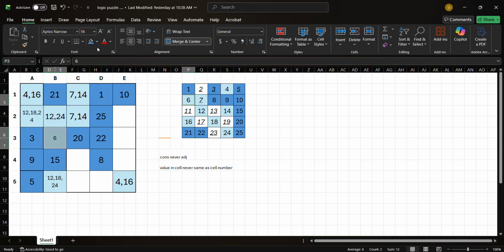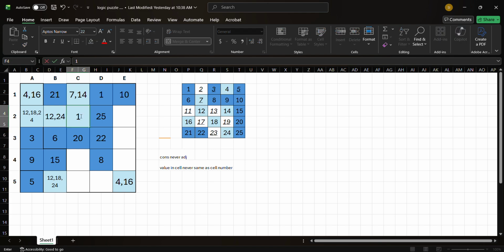That's why it's worth sometimes putting in all the options so you can see quite quick which ones are left over. Right. And then the 6 can't ever be adjacent to a 7, so that must be a 14 instead, which leaves only 7 for that box. 7 and a 14.